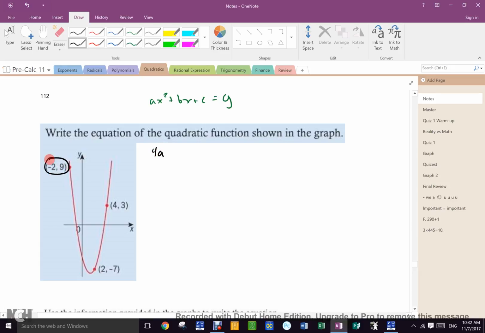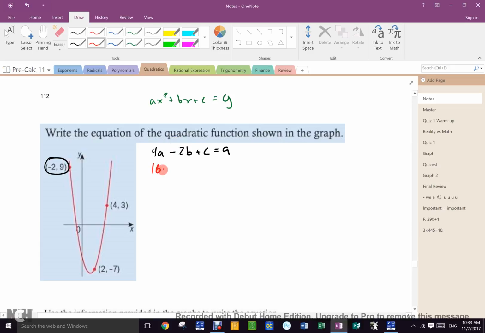Yeah? So my first one is going to be what we had earlier. 4a, I'll do that one in black, minus 2b plus c equals 9. Is everybody happy with that? Yeah? All right. The second one was what?